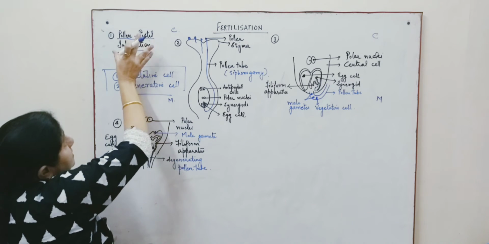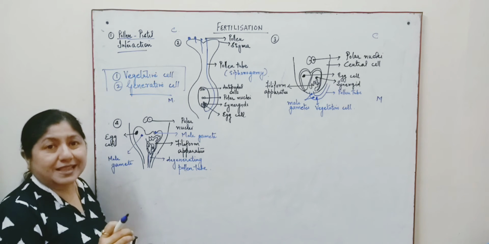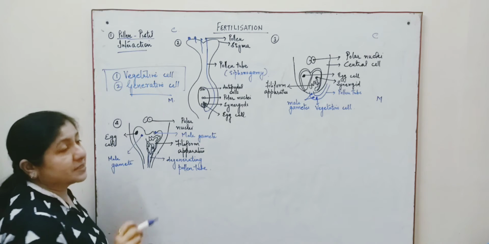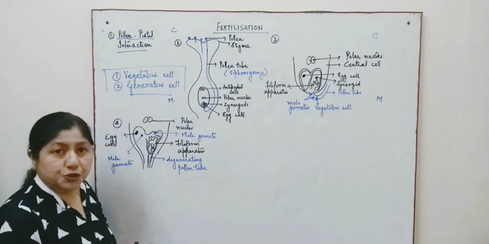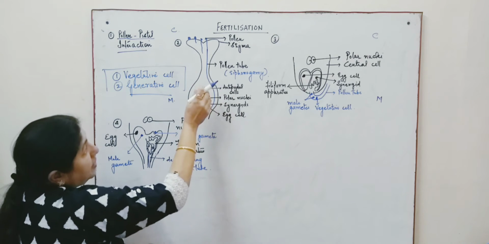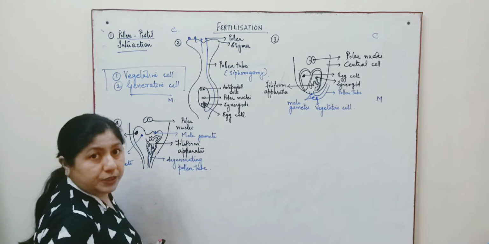Suppose the interaction is successful, that means the correct pollen grains land onto the stigma of the flower, the pollen grains will start developing the pollen tube. Now here you can see the stigma of a flower where the pollen grains have started developing the pollen tube.